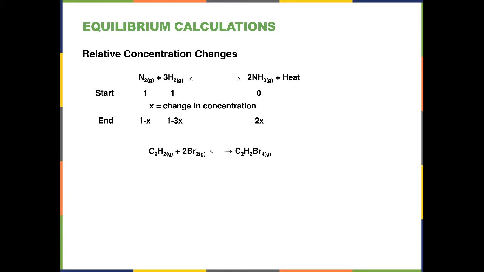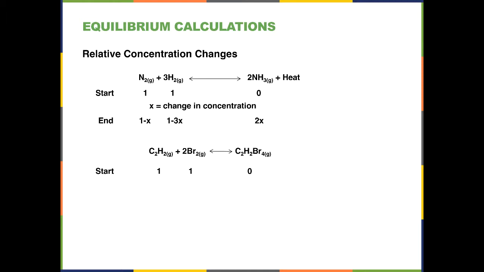If we were to consider another reaction, this is acetylene plus bromine forming 1,2-dibromoethane.